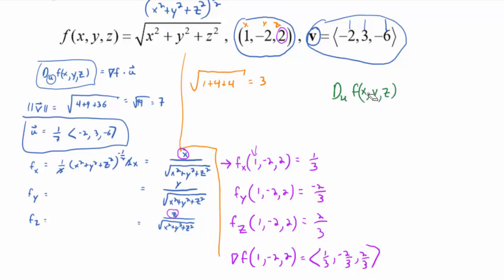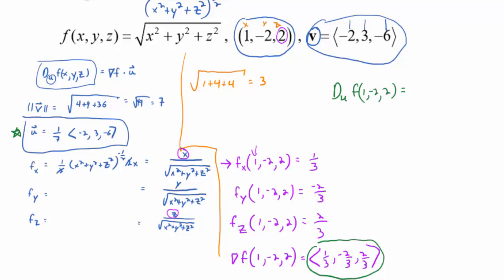Okay, so then my directional derivative, let's cut to the chase and just put in the correct inputs right away. The directional derivative evaluated at 1, negative 2, 2 is going to be this vector, del f, dotted with this vector. Now, why didn't I multiply out that 1/7? You can leave it on the outside, take the dot product, and then you're going to have a constant times 1/7, right?